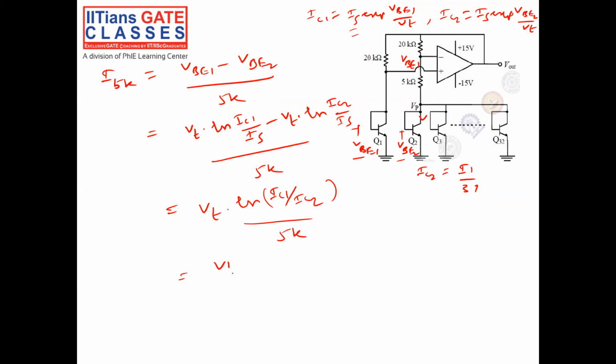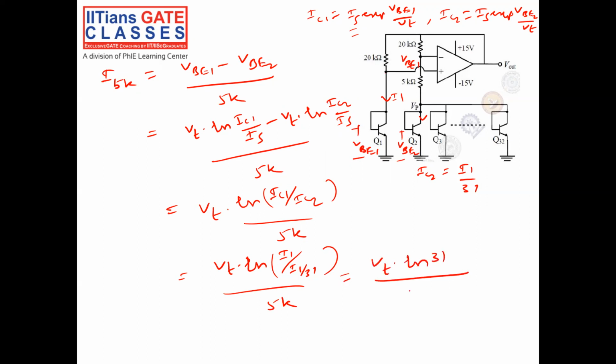So VT ln of I1 divided by IC2, which is I1 by 31, divided by 5K, is equal to VT ln 31 divided by 5K. This is the current of the 5 kilo ohm resistor, and the same current will flow through the 20K also.